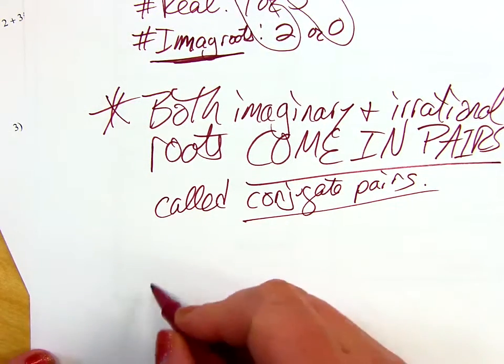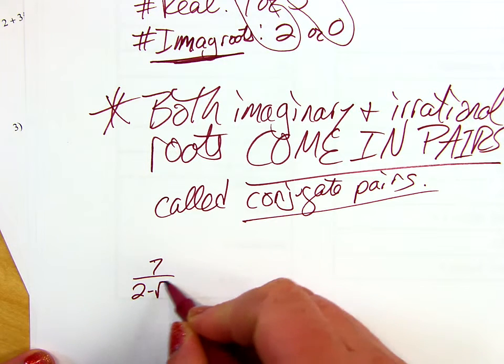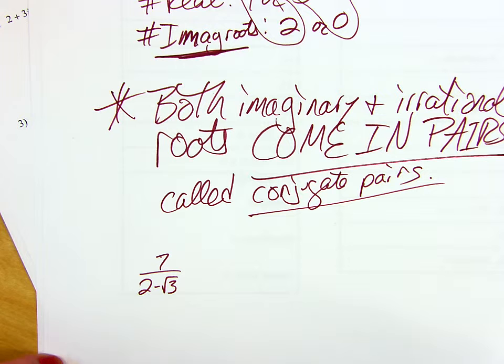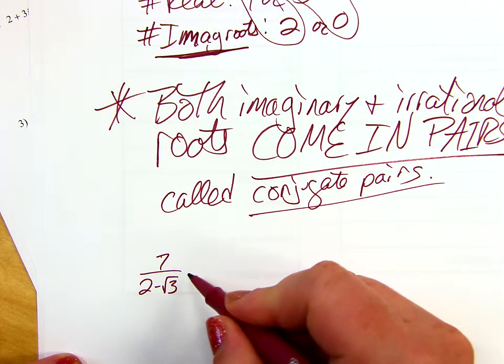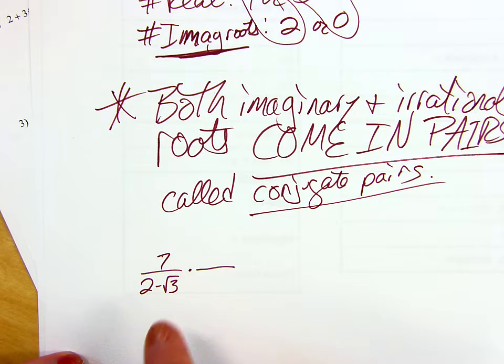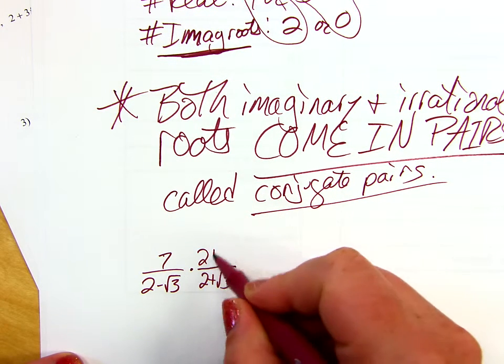If you had to rationalize this, for example, say you had 7 over 2 minus root 3, and you had to rationalize that denominator, didn't you multiply by its conjugate? Right? Which was what? So for this one, it would be 2 plus root 3 on top and bottom.